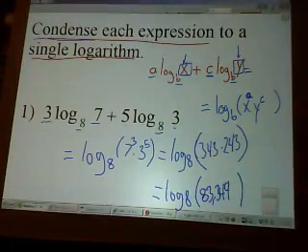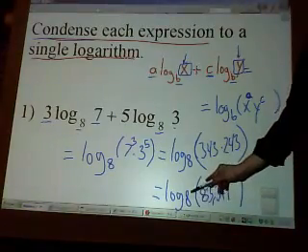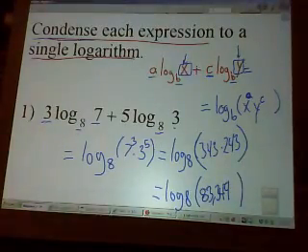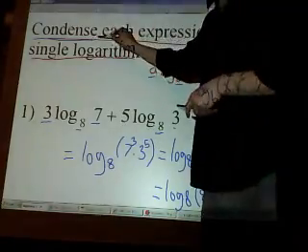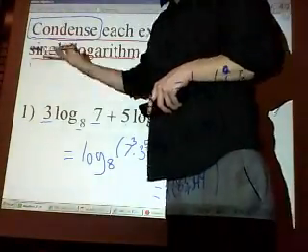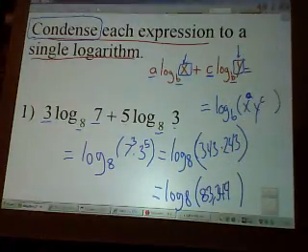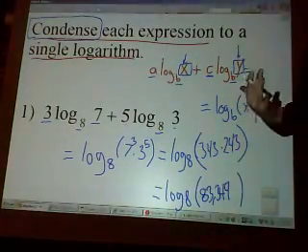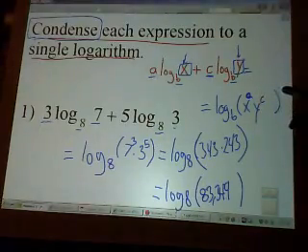So what we've done, we haven't found what number I have to take 8 to get 83,349. That's really not the issue. In this problem, what they're asking you to do is to condense them and just write it as one single logarithm, a very useful tool to help us solve logarithmic equations that we're going to see later on in the semester.